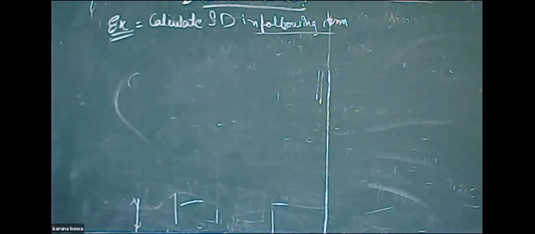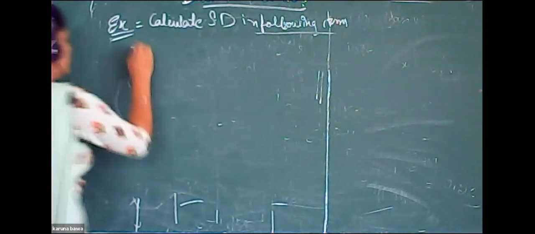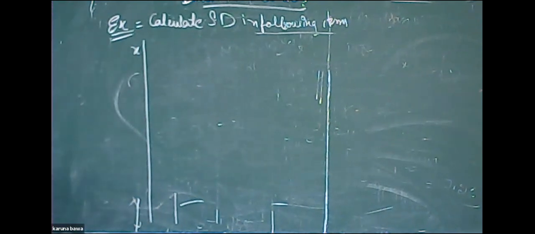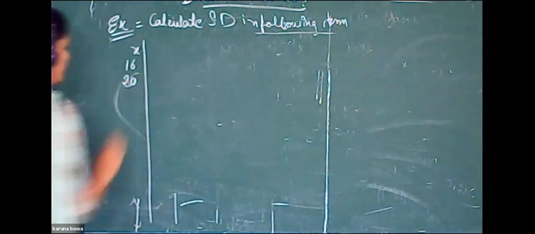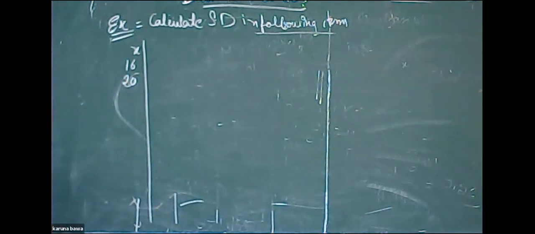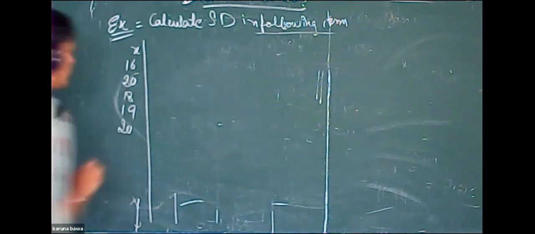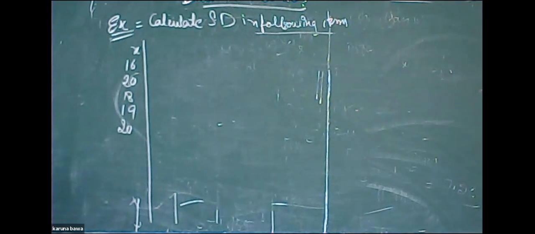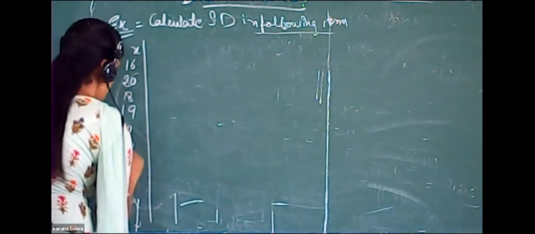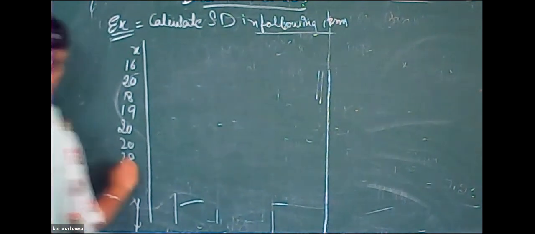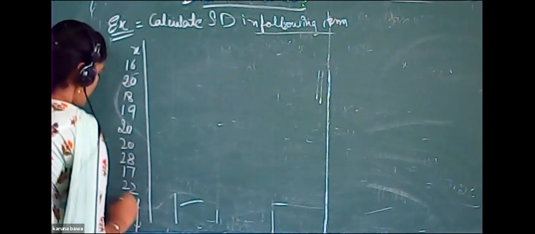The X series is 16, 20, 18, 19, 20, 20, 28, 17, 22 and 21.